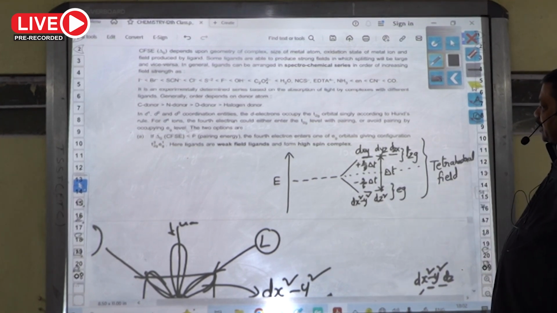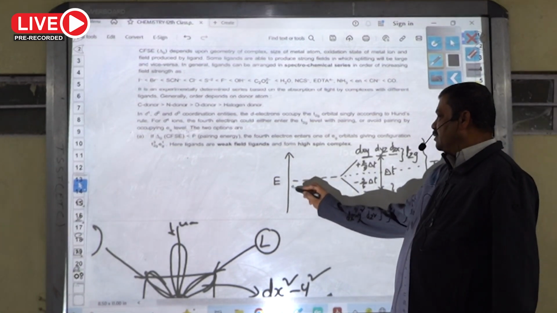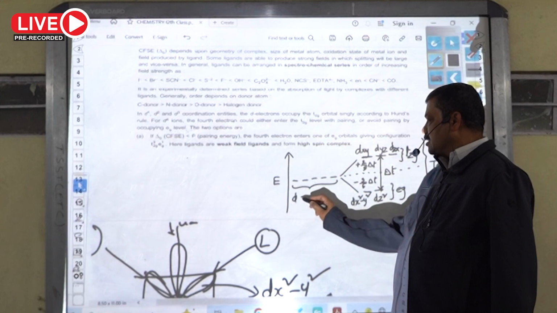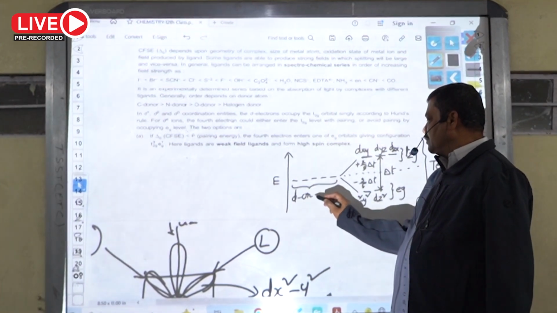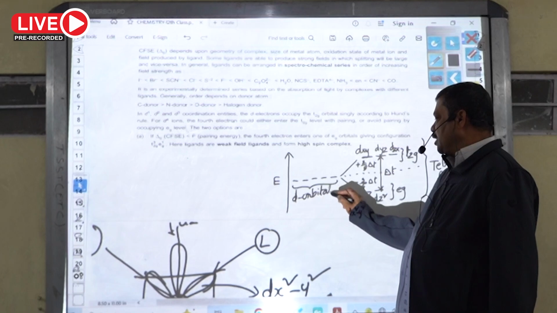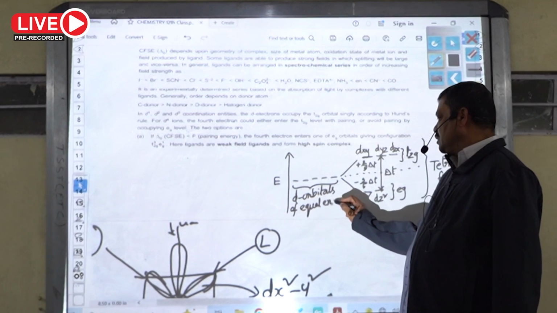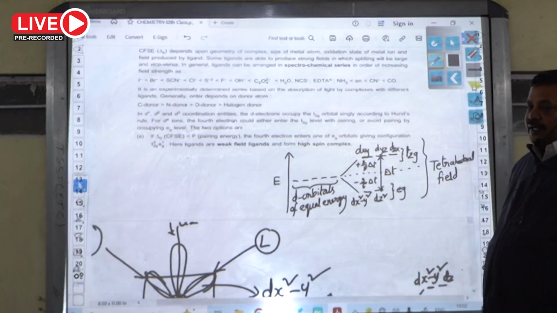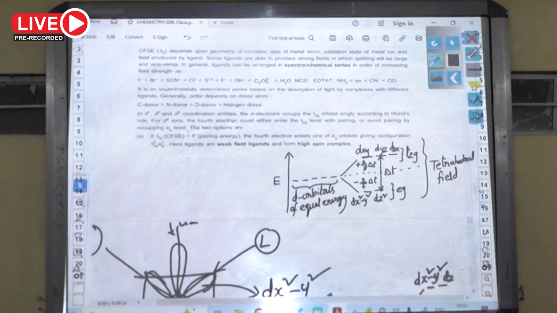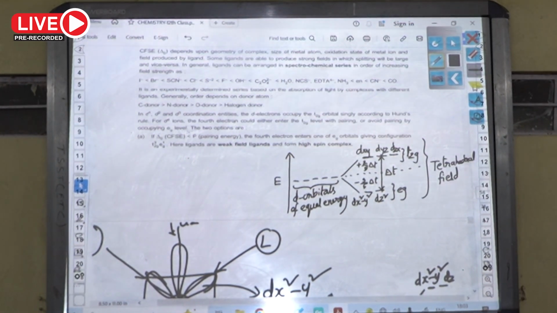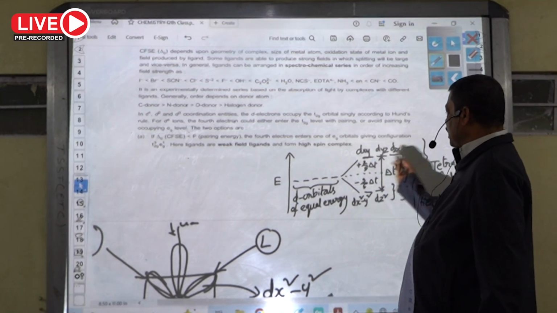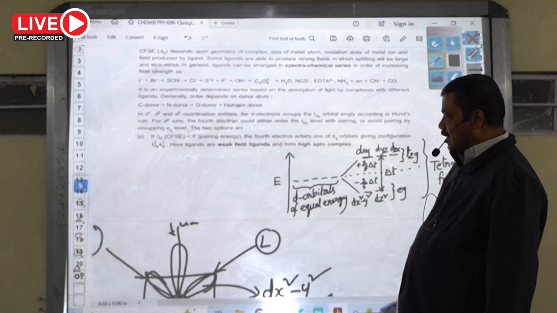The earlier diagram is related to octahedral field. What are these 5? D orbitals of equal energy. Whenever equal energy orbitals are present, what do we call them? Degenerate orbitals. Coming back to this, that is why these three are having higher energy.